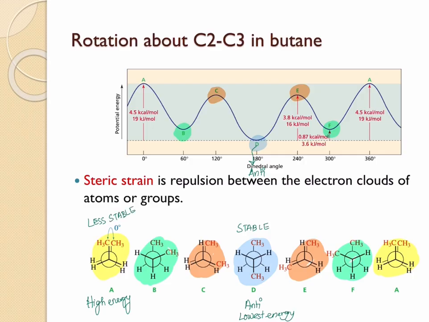And we are going to call structures B and F the gauche conformation. So this is gauche, this is gauche. Gauche conformation is a staggered conformation where the 2 methyl groups or 2 bulky groups are in adjacent positions with respect to each other. Whereas the anti conformation is the one where the 2 methyl groups or the 2 bulky groups are in opposite directions.